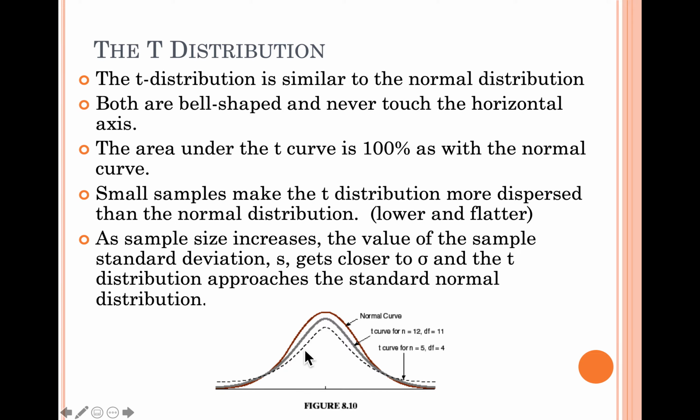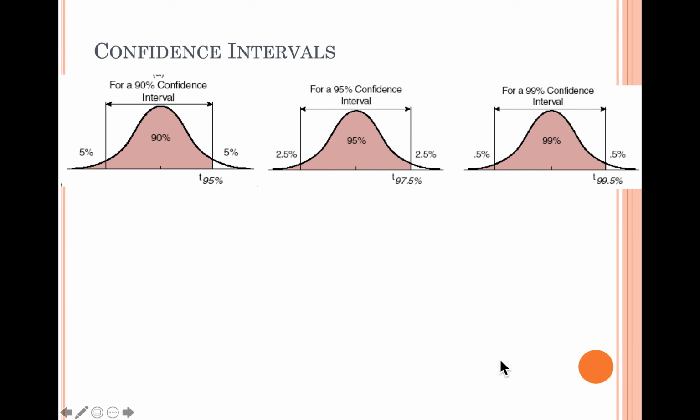When the sample size is smaller, the curve appears lower to the horizontal axis, so it's flatter. In our work, we are just generally going to refer to the t-distribution as a standard bell curve, but numerically it is going to have different values.